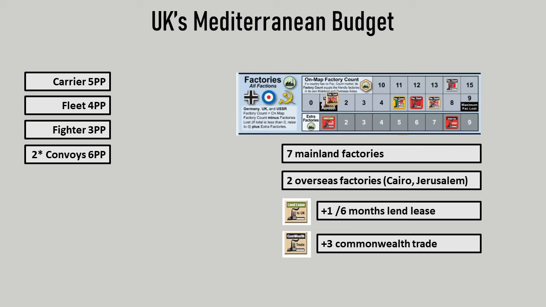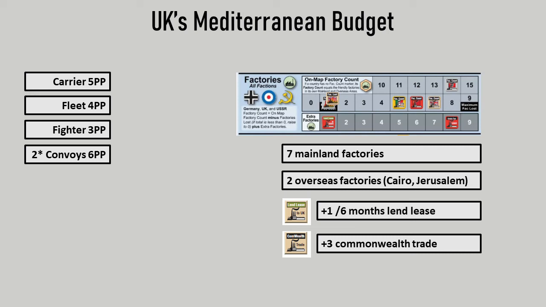It doesn't just give a strategic warfare penalty, it takes away 2 of the British factories, which is 4 production points every turn. They also have the UK Lend-Lease, which increases their factory count by 1 every 6 months. And they have the one-off boost that comes from Commonwealth trade, which increases their factory count by 3.